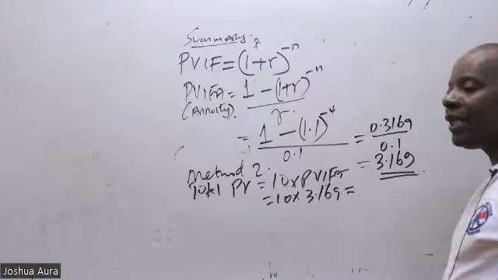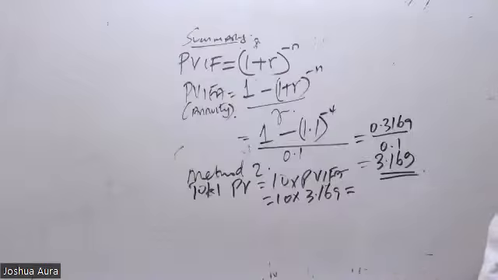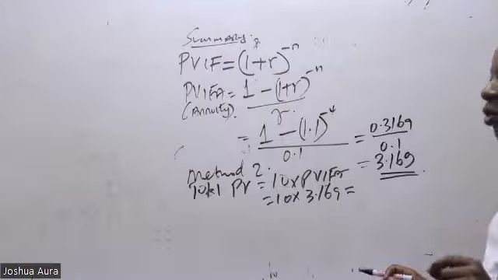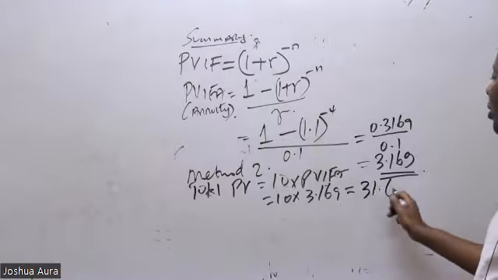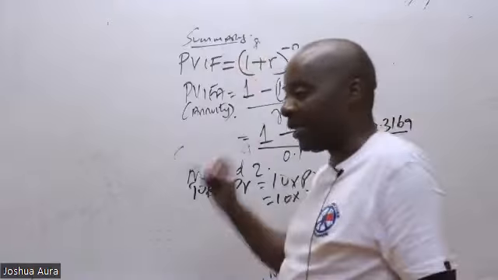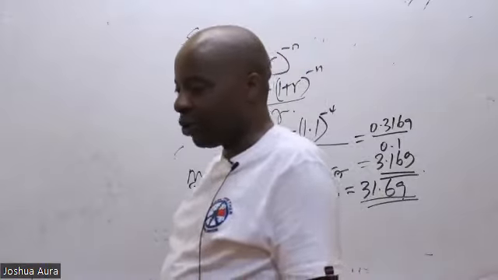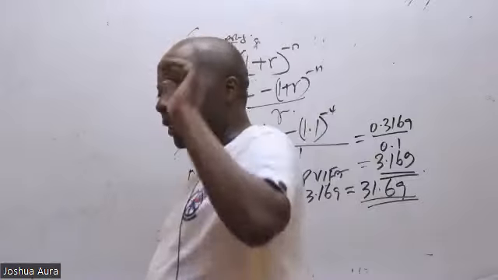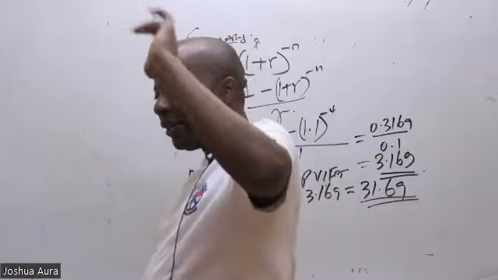What figure are we getting at the end of the day? Apart from rounding off errors, the answer we get here will be very close to what we obtained using the other formula, the one that I told you to tick and remember. Is there somebody able to compare the answer you're getting here with the answer we got using the other method?